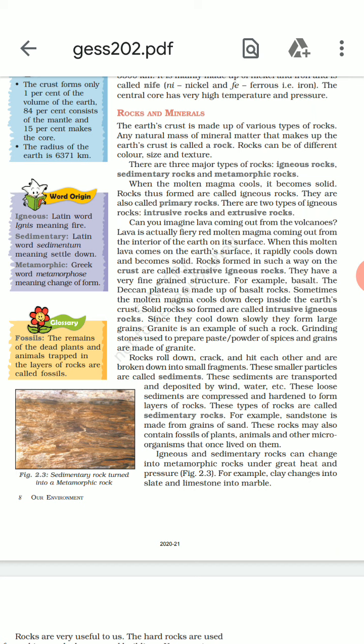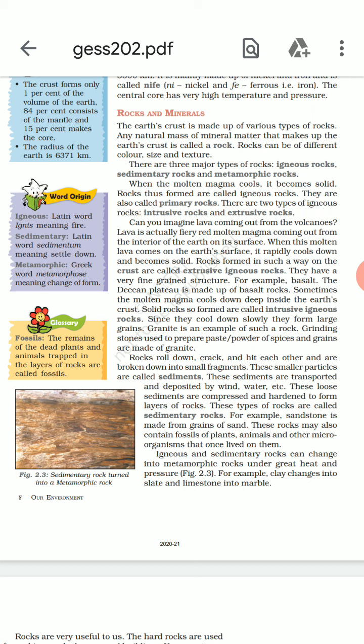We can call the smaller particles of rock sediments also. These sediments are transported and deposited by wind, water, etc. These loose layers, these types of rocks, are called sedimentary rocks.